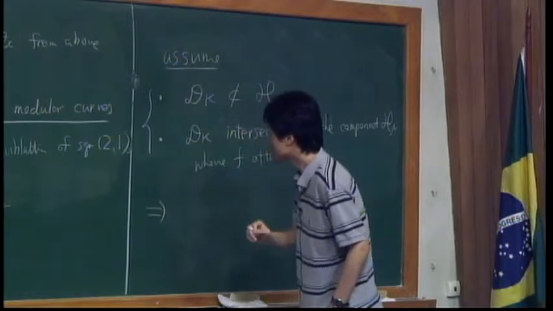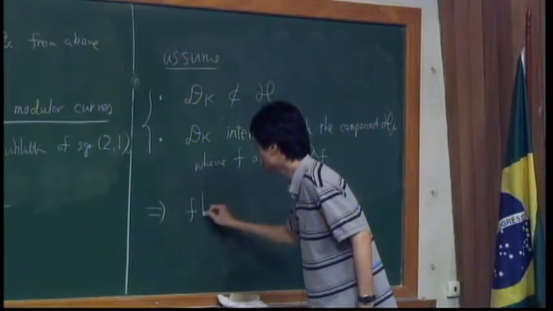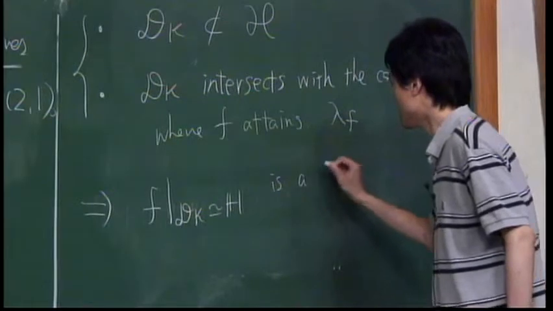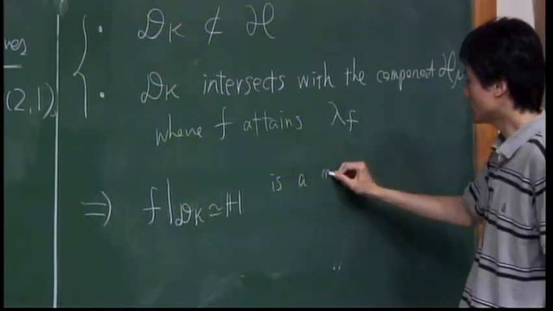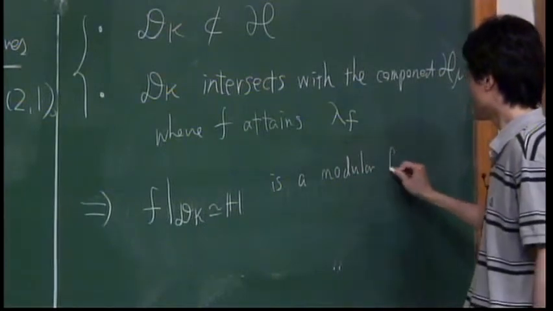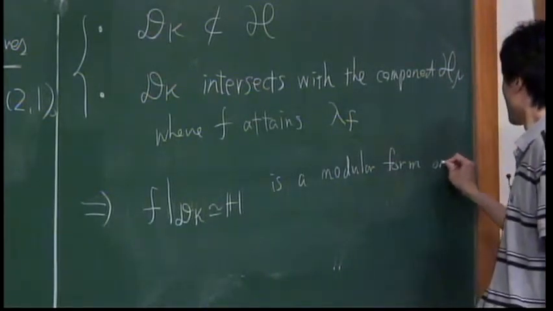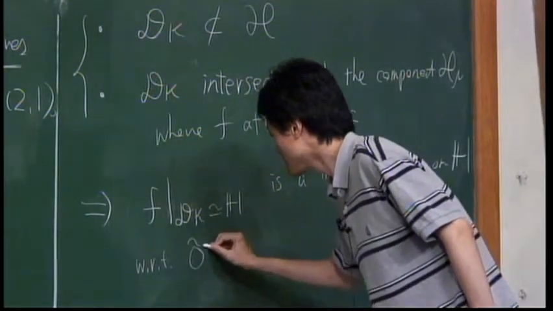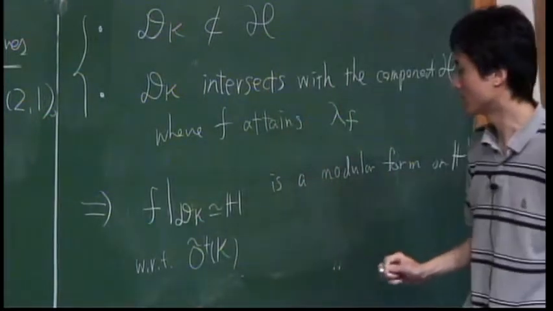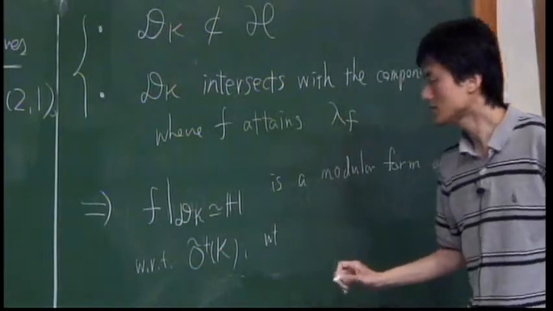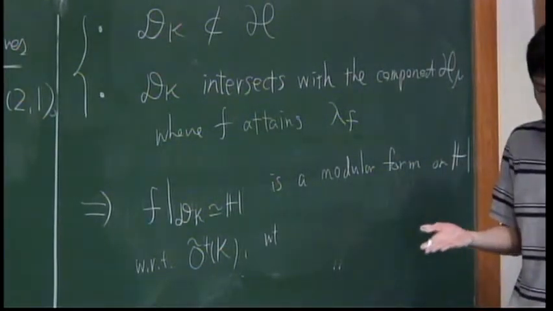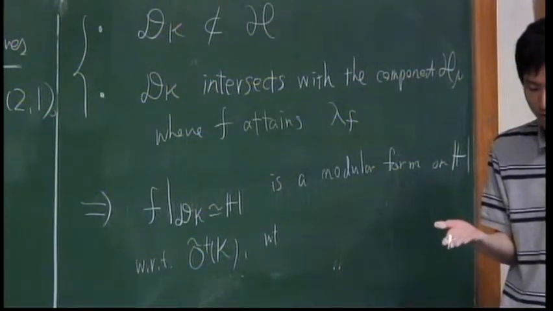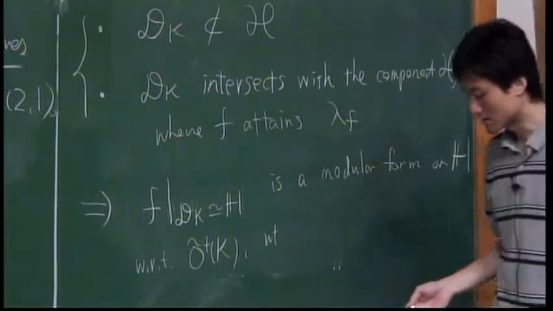Then if these conditions are satisfied, the restriction of f to D_K is a modular form in one variable on the upper half plane with respect to the stable orthogonal group of K, and its weight as a modular form on the upper half plane is twice its weight as a modular form on the orthogonal symmetric domain.